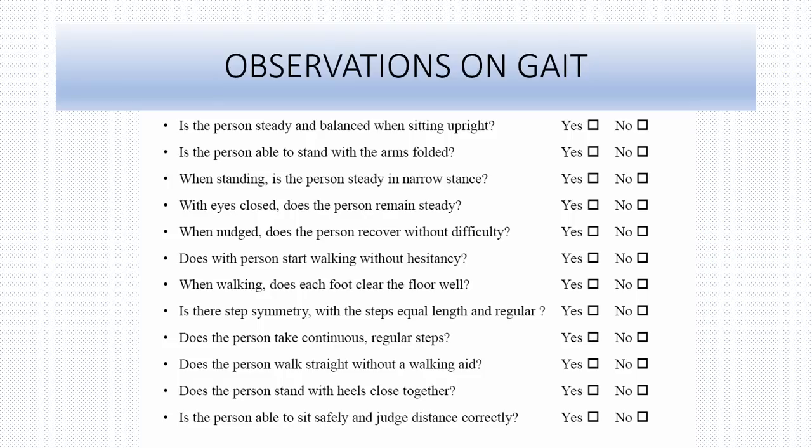So I'm going to assess that patient going to the chair, getting up from the chair, walking from the chair, and I just make simple notations. Is the patient steady and balanced when they're sitting in the podiatry chair? Is the patient able to stand up from the chair with their arms folded without grabbing the arms? Once they stand, do they appear to be steady in narrow stance?